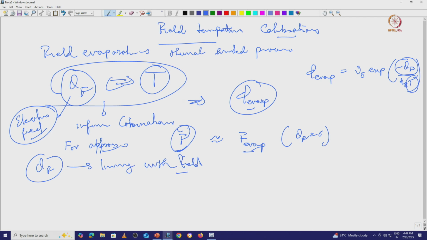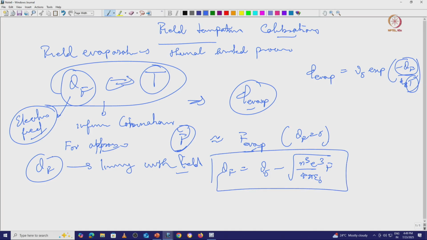Okay, so with the expression, QF is equal to Q naught minus n cube e cube divided by 4 pi epsilon naught F. This expression we understood previously. Now we can rewrite this expression as Q0 minus Q0 under root of n cube e cube divided by 4 pi epsilon naught F Q naught square.